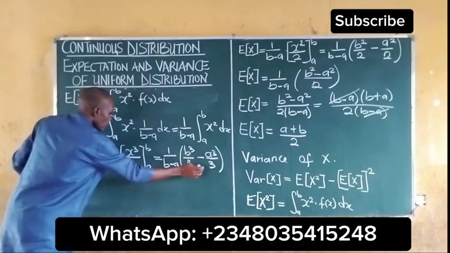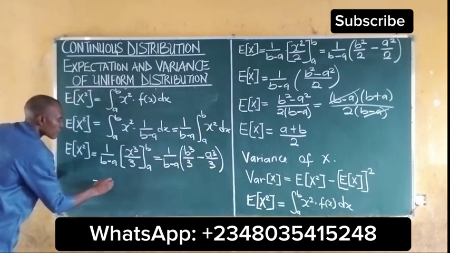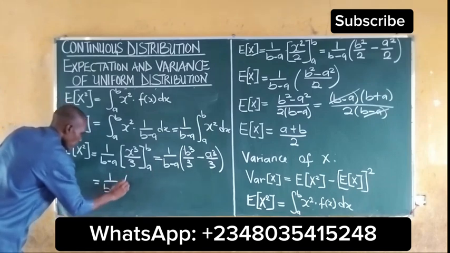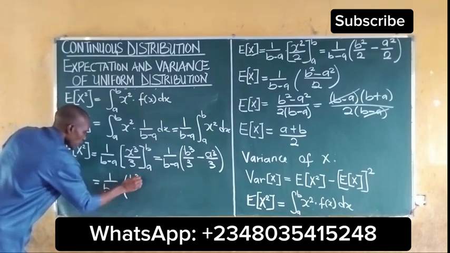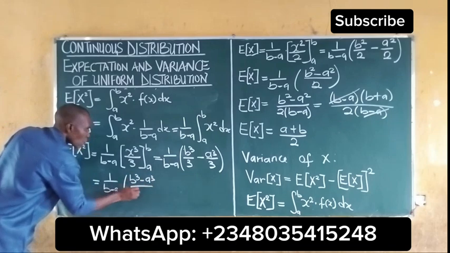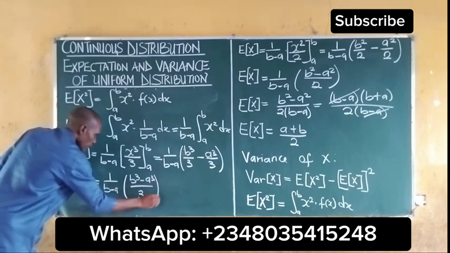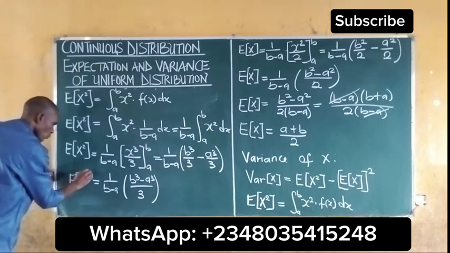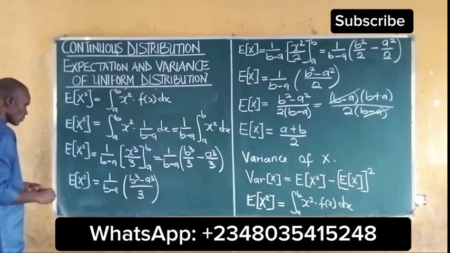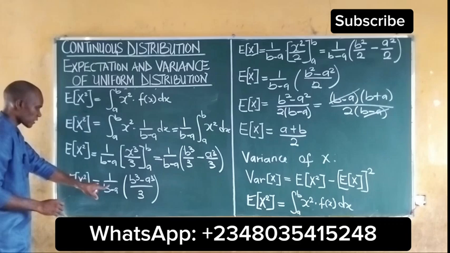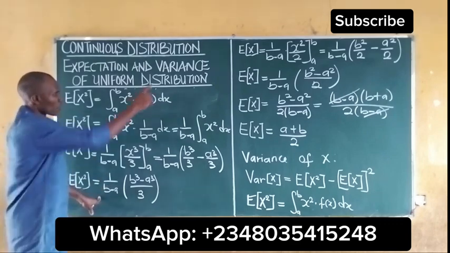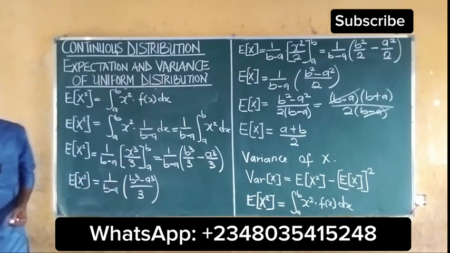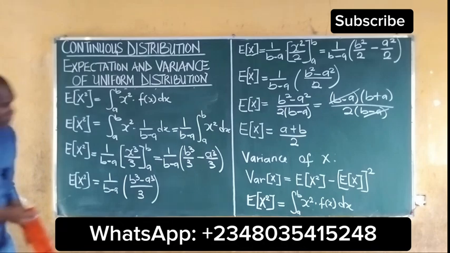Since they have the same denominator, we have 1 all over b minus a into b cubed minus a cubed all over 3, which is our expected value of x squared. So our expected value of x squared, we'll write it over there.